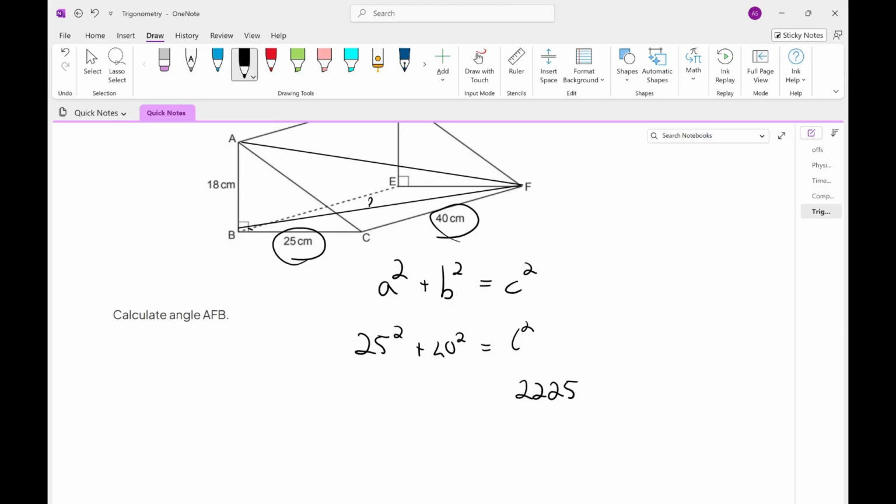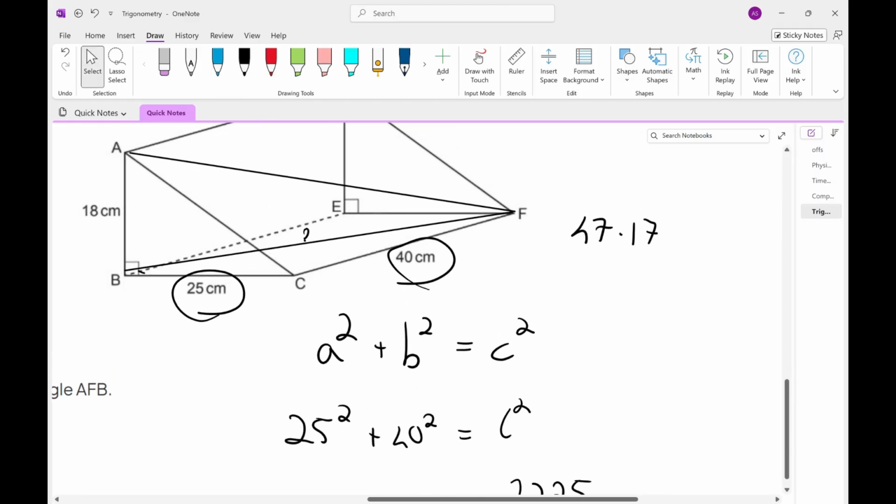We are going to square root 2,225 to give us an answer of 47.17.